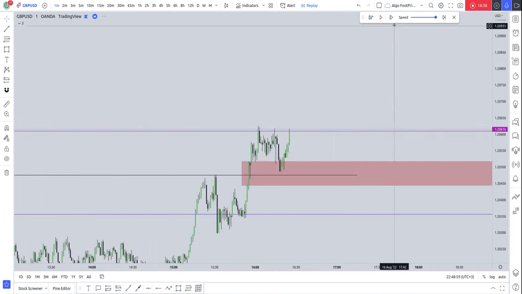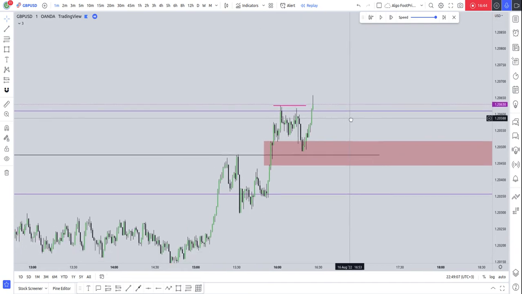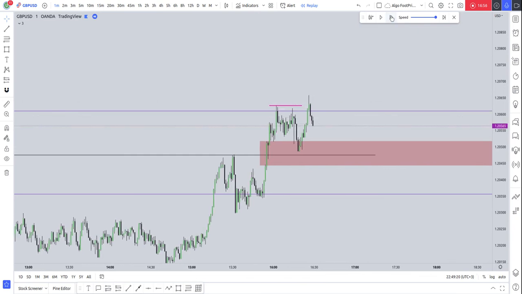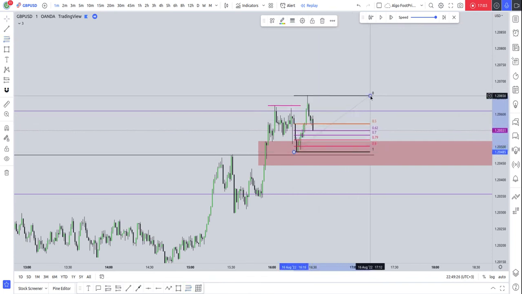On M1, I realized that price has also broken structure on M1. Can you see it? Previous week's low taken out, retested. We have fair value gap on M5, and now price is retesting. I use my retracement levels.